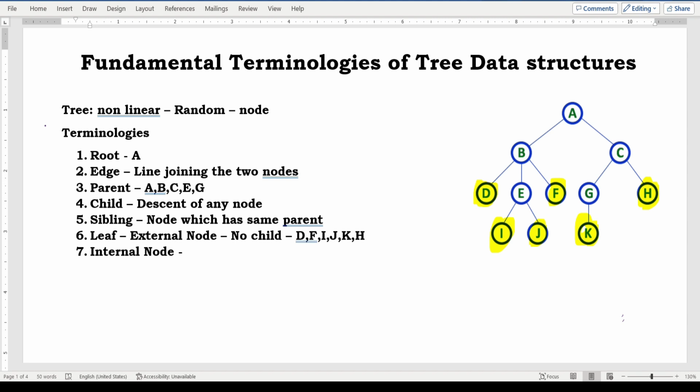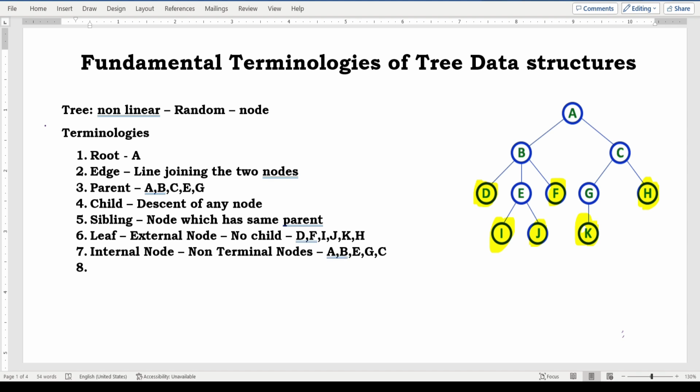Internal node is also called a non-terminal node. So here, other than the leaf nodes are all internal nodes. For example, A is an internal node, B is internal, E is internal, G is internal, and C is internal.